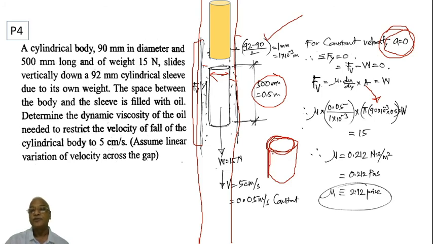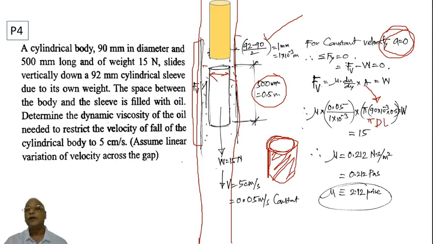So that gives you all this cylindrical surface area all around. So it is pi into d multiplied by L. L is 0.5 meters. So the cylindrical surface area becomes pi d L.